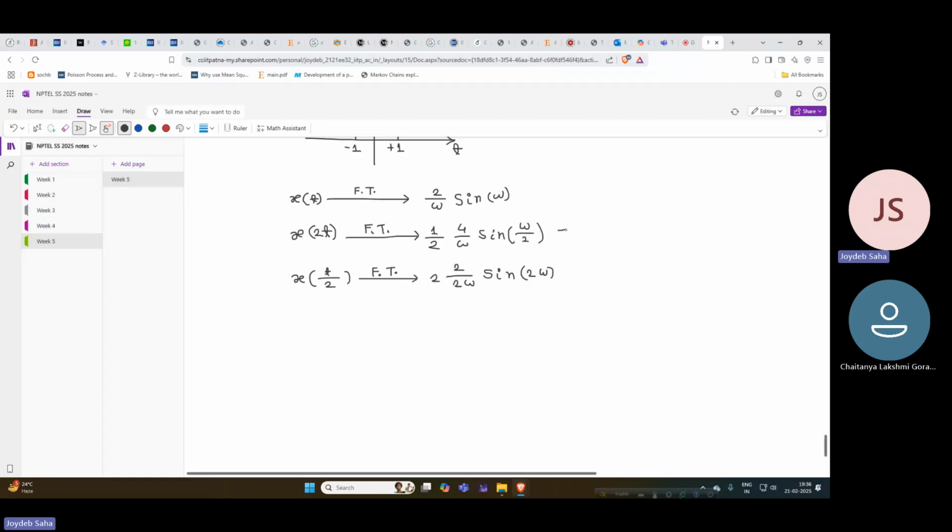What is the value of this? This is 2 by omega sine omega by 2. What is the value?